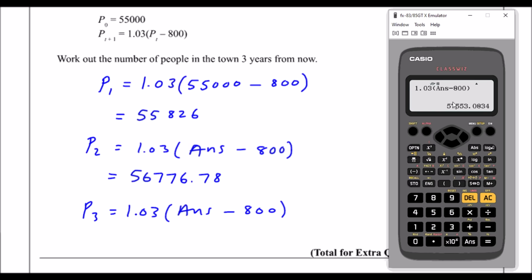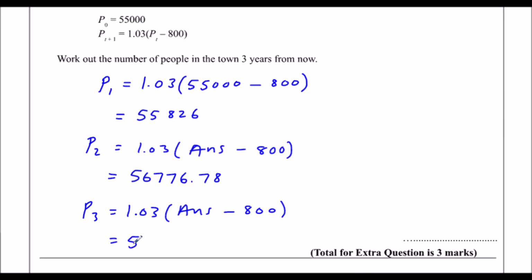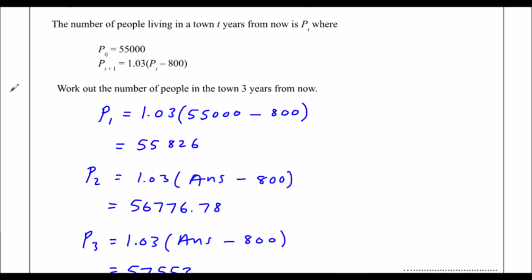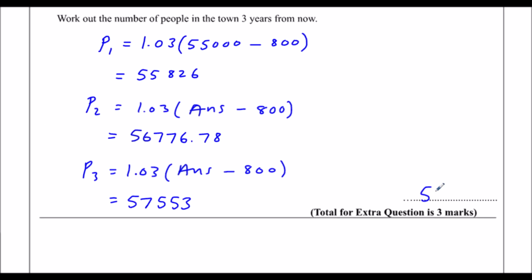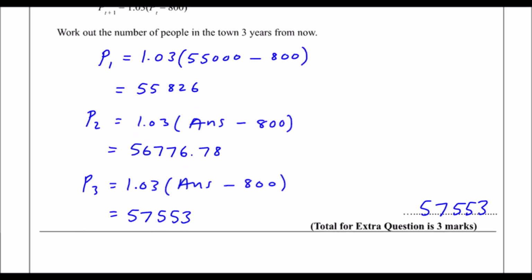So after 3 years, 57,553. We're going to give our answer to the nearest whole number, to the nearest integer, because it's a number of people and we couldn't have part of a person. So there is our answer.